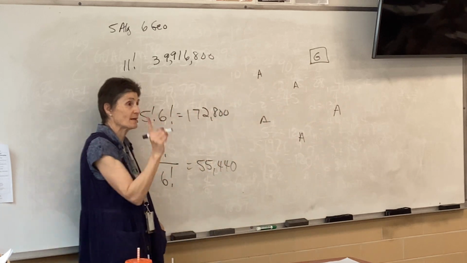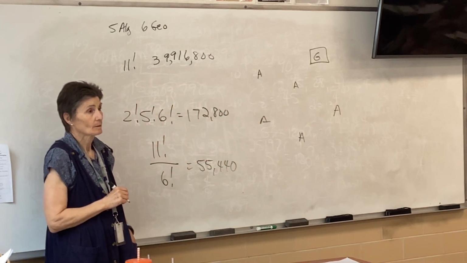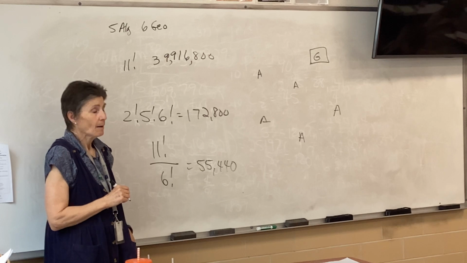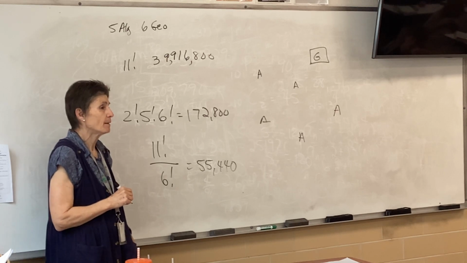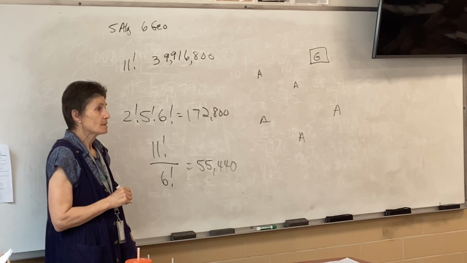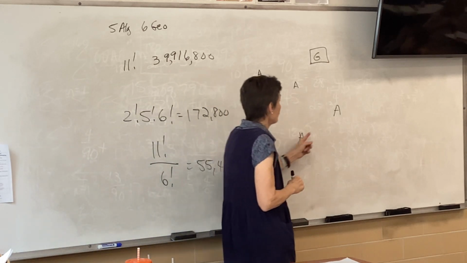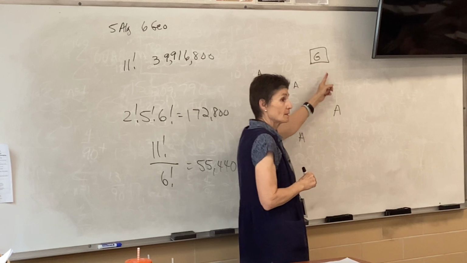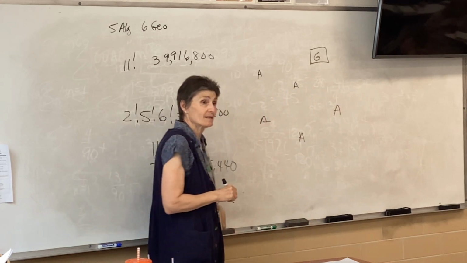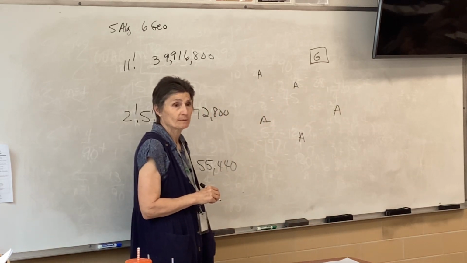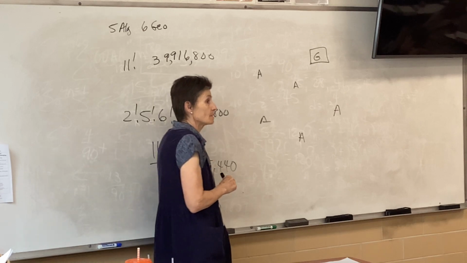So they got a rubber band around them. How many things are we really arranging then? 6? 1, 2, 3, 4, 5, 6. How many ways can 6 things be arranged in a row? 6 factorial.